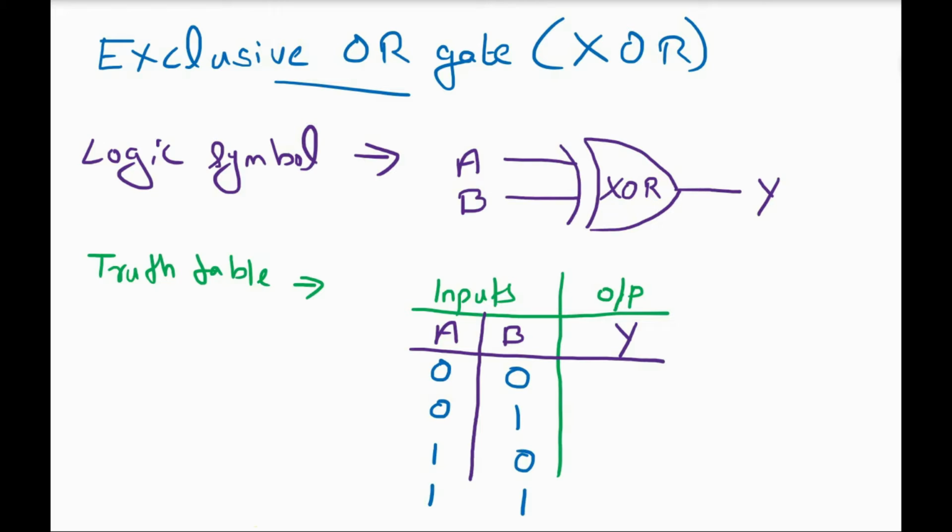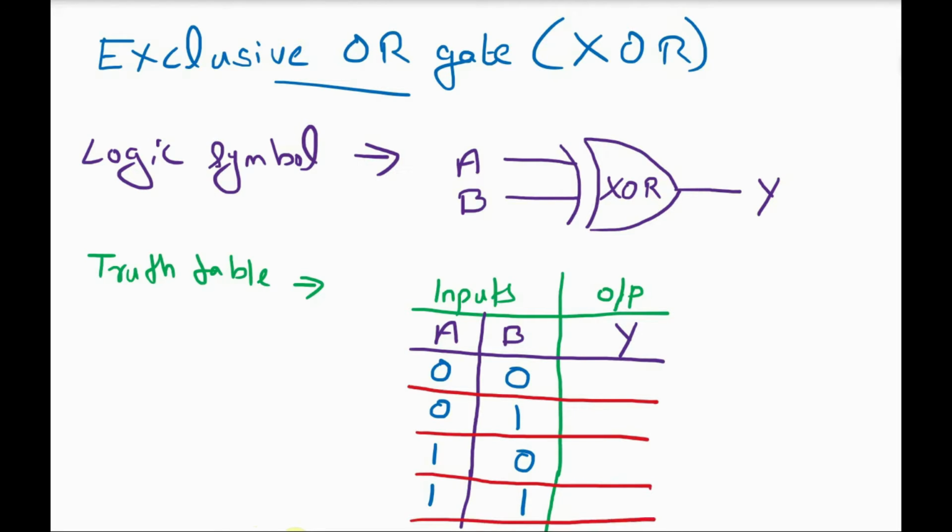So these are the different combinations of 2-bit inputs. So we will see first case, 0, 0, that is when A is 0 and B is 0, or we can say when both the inputs are same.